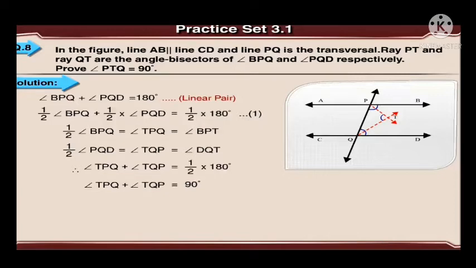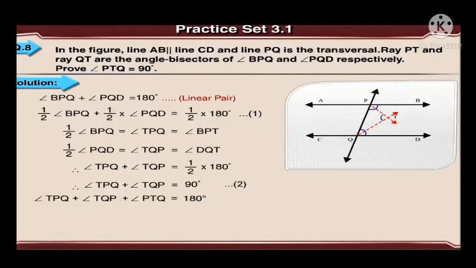Let us call this statement 2. Now consider triangle PQT. We know the sum of the measures of the angles of a triangle is 180 degrees. Therefore, angle TPQ plus angle TQP plus angle PTQ is equal to 180 degrees.